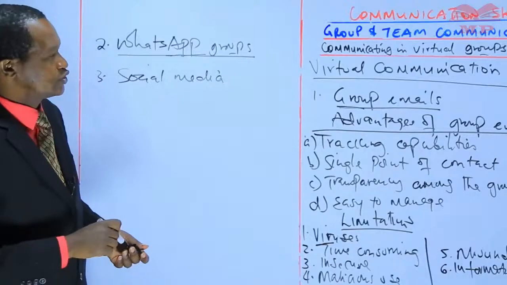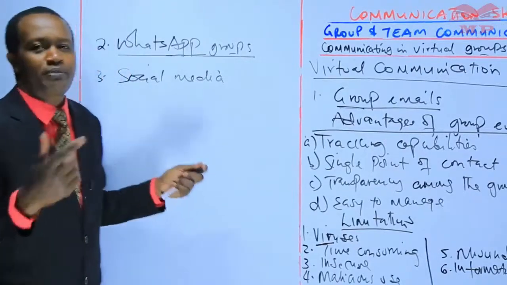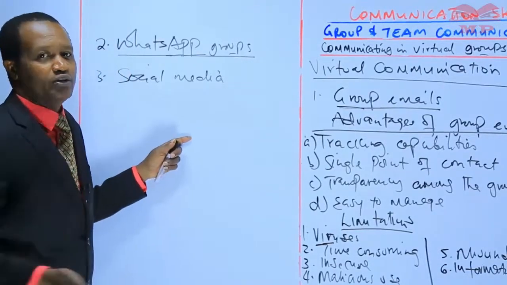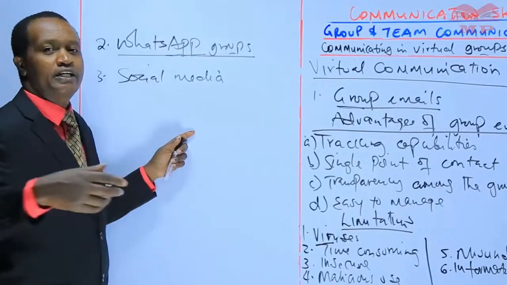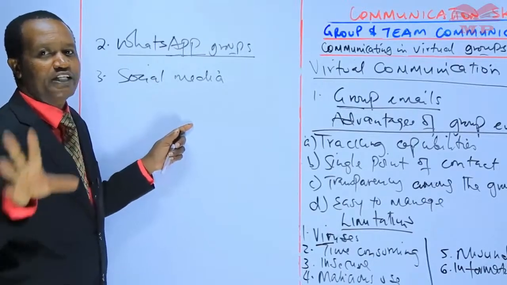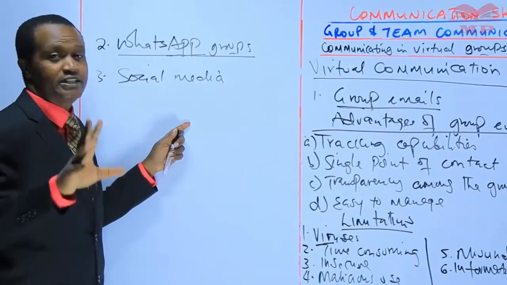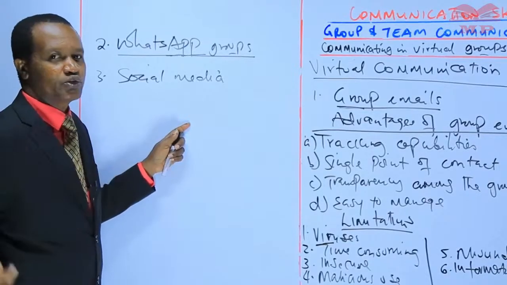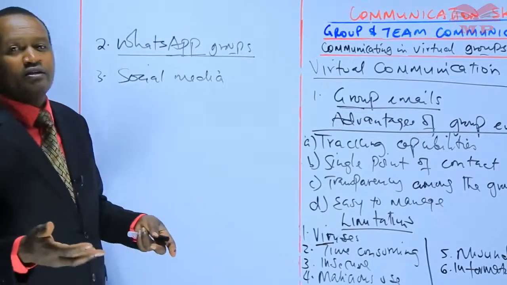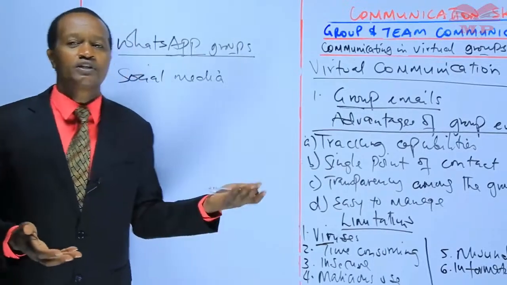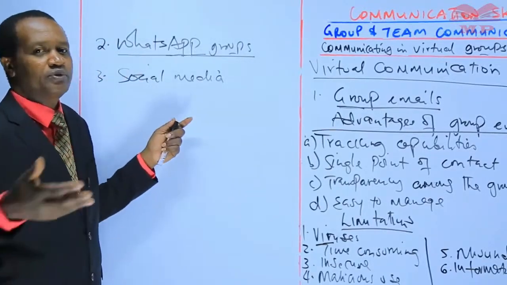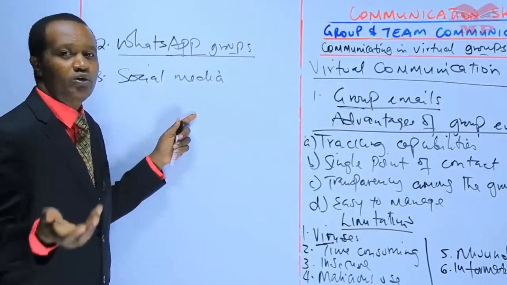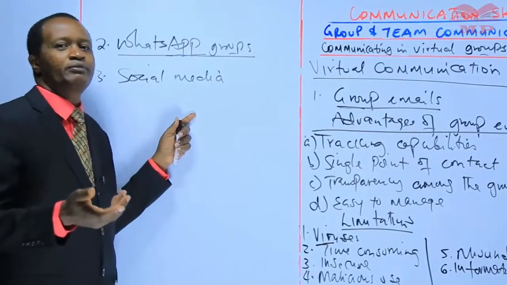Now, candidly, social media is a computer-based technology that facilitates the sharing of ideas, thoughts, and information through the building of virtual networks and communities. All right? And the largest social media networks today, as I'm speaking, include Facebook, Instagram, Twitter, YouTube, TikTok, and many others.